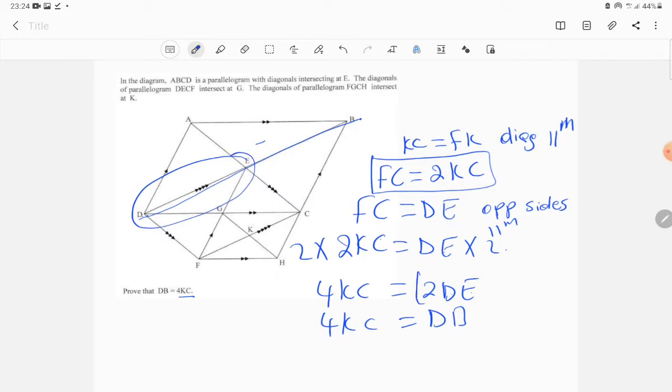If you repeated it twice, you can just put DB because these two things are equal to each other. These are the diagonals of a parallelogram. So you did prove that 4KC is the same as DB, just like that, nothing else.